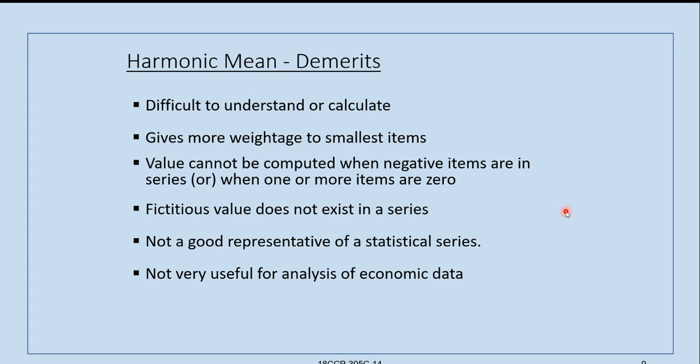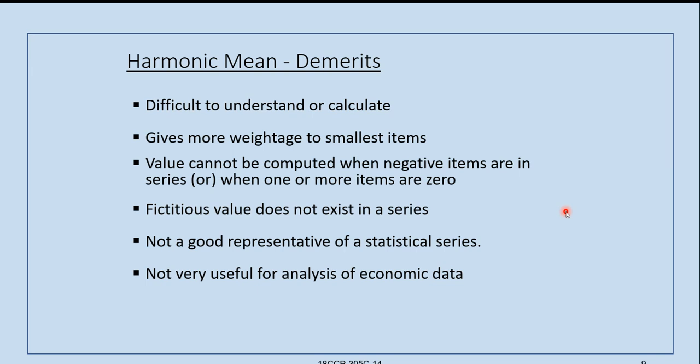Because when calculators were not there, small calculations were very difficult to perform, especially when decimal points are there. And large products or multiplications are also very difficult to perform.